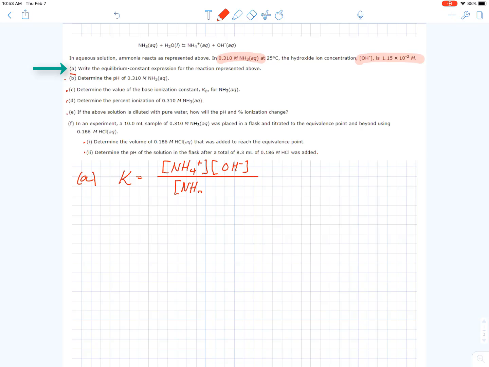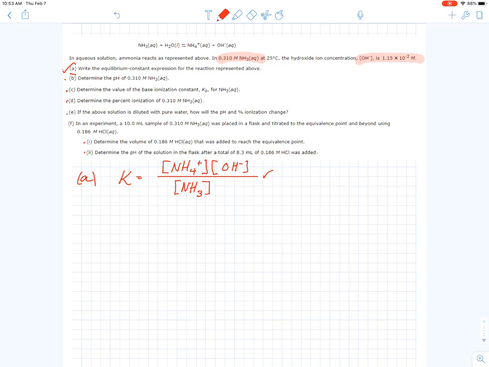You've got to use the brackets, times the hydroxide, that's our products, and then divided by our reactants, but you're not going to include water because it's a liquid. This is a nice, simple arrangement. So that's it. Products over reactants. We've eliminated the liquid because its concentration doesn't change.